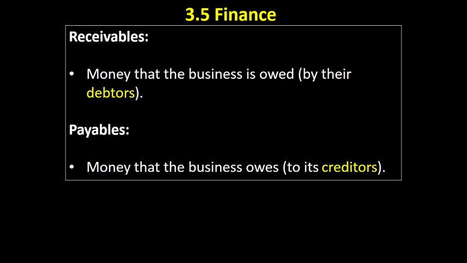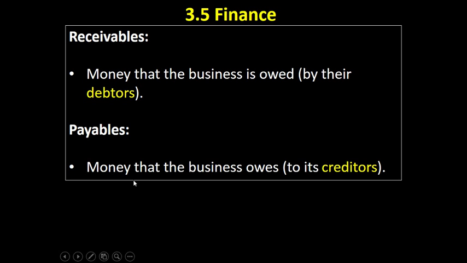Businesses will try and encourage people to pay early, perhaps by giving them slightly reduced costs or charging them interest for late payments, for example. It's really important that a business receives the money that is owed. Usually these are people who've got sales on credit. And just to confuse things, these are called debtors.